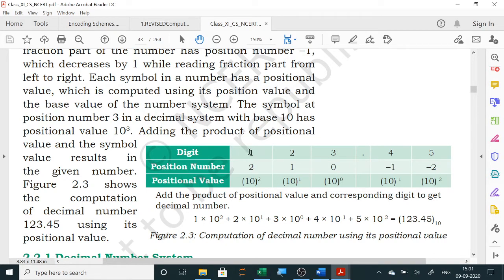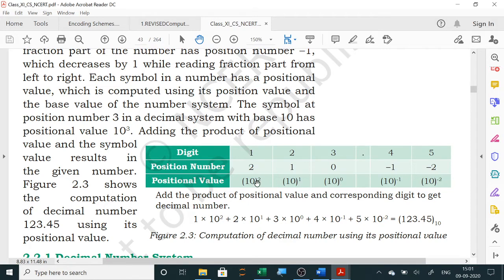If 123.45 we have given. Now you can see here, if the decimal point is here, the positional numbers we have to see. Positional number means right to left for the integer and left to right for the fractional part. So here 0, 1, 2 and so on, and positional value will be, if it is a decimal number, 10 to the power 0, 10 to the power 1, 10 to the power 2, that is how we will write the position.